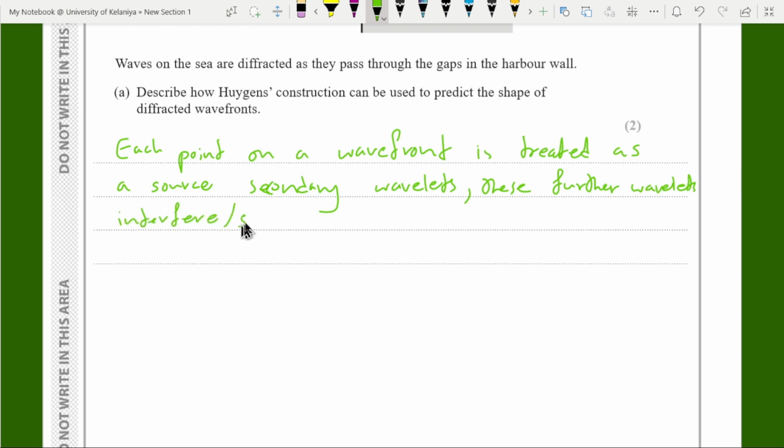Or you can write the resultant wave predicts the shape.